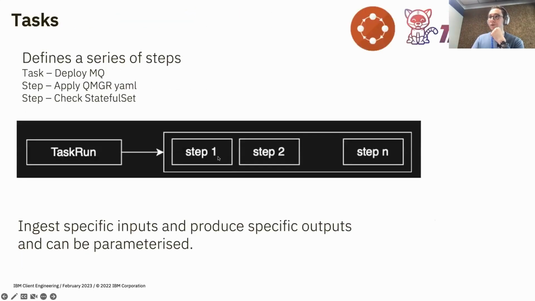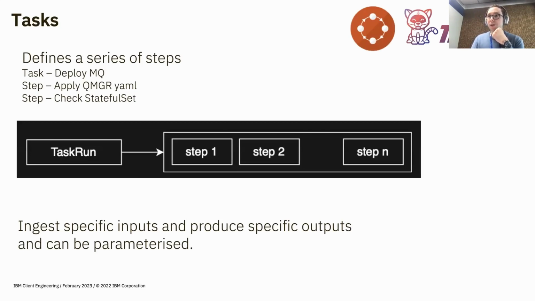In terms of how this pipeline works, there are two main concepts I want to explain before I show the demo. The first one is that Tekton pipelines have things called tasks. In a task, we can define a series of steps. In this example, we have a task called deploy MQ, and in this task we might have two steps.